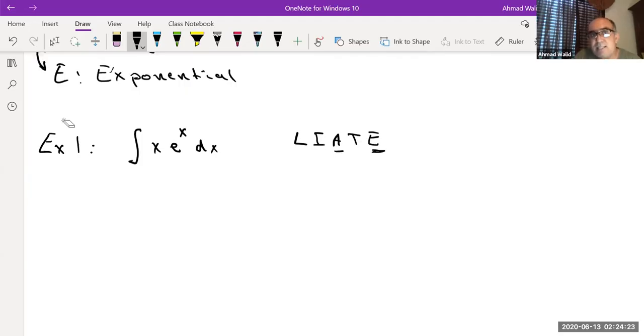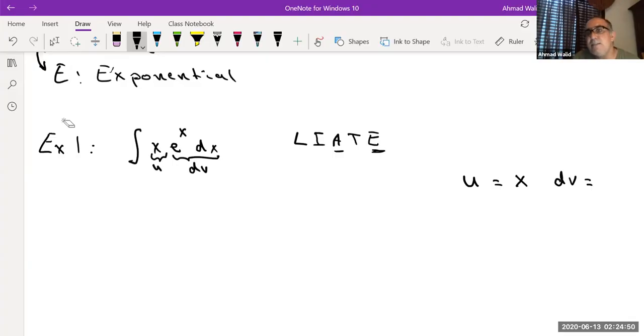It means select your U as x, correct? Your U is now x. Then what is dV? The rest, whatever the leftover, this is U. The leftover will be your dV.